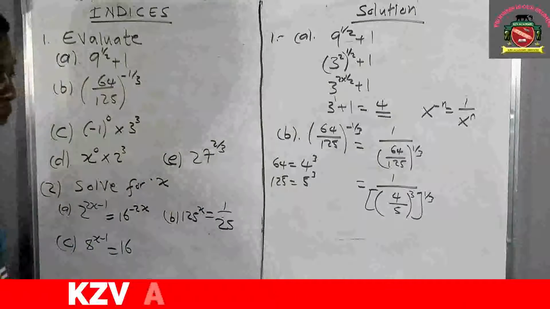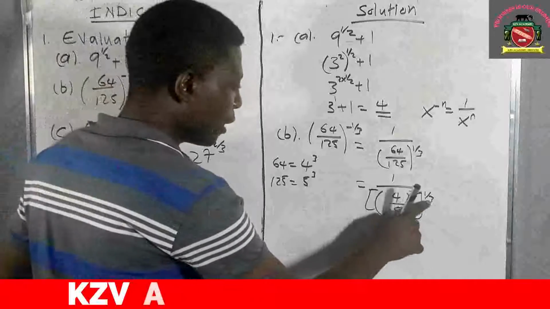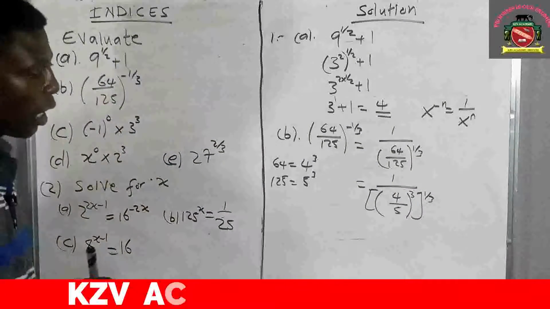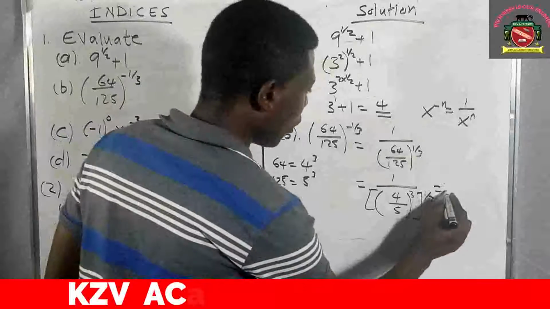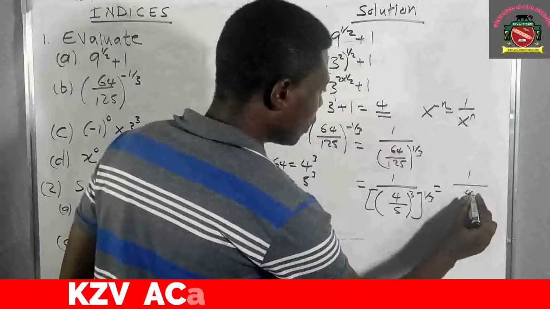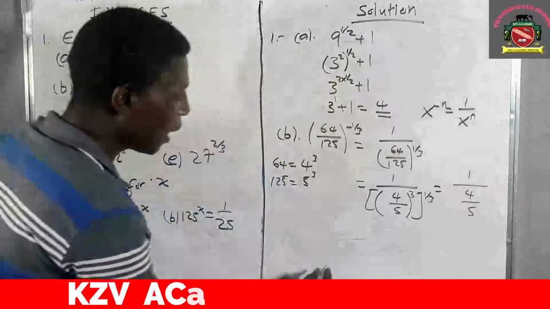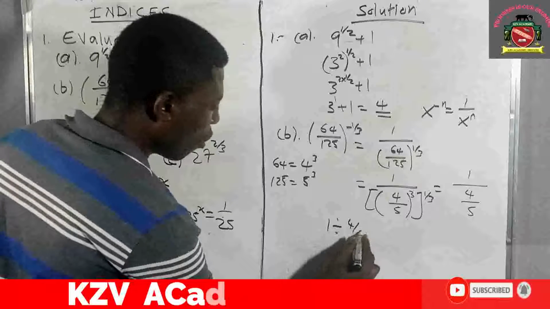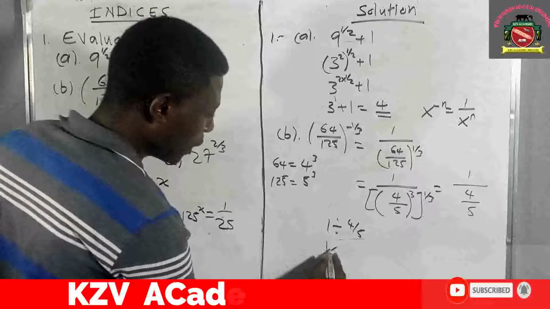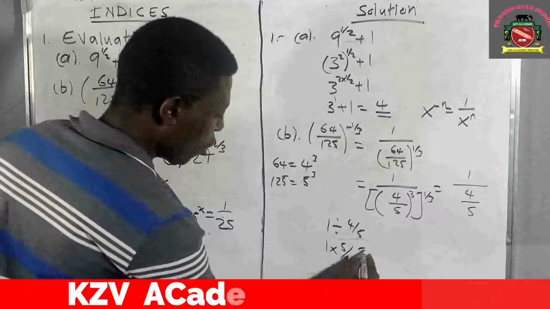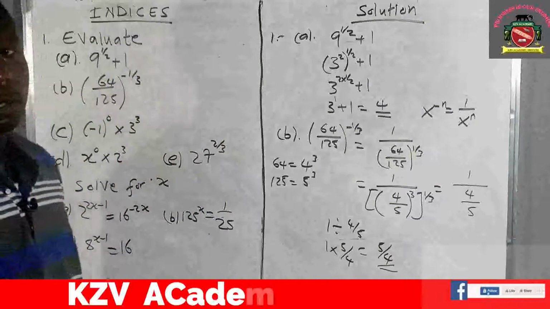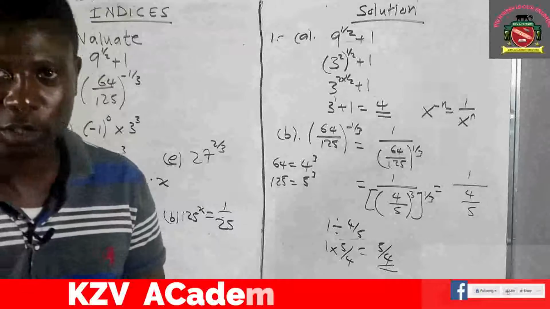What it means is that you can multiply these powers. 3 times 1 over 3, what you get is 1. So here you are going to have 1 over 4 over 5, implying that you have 1 divided by 4 over 5, which is just the same as 1 times 5 over 4, which gives us 5 over 4. Basically this is how we solve this question.